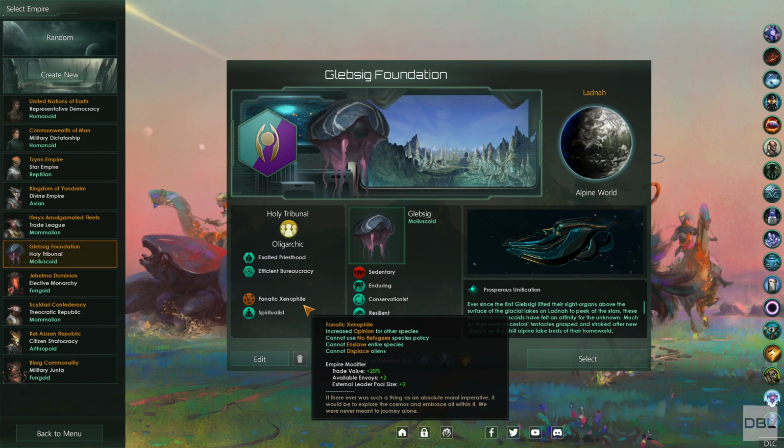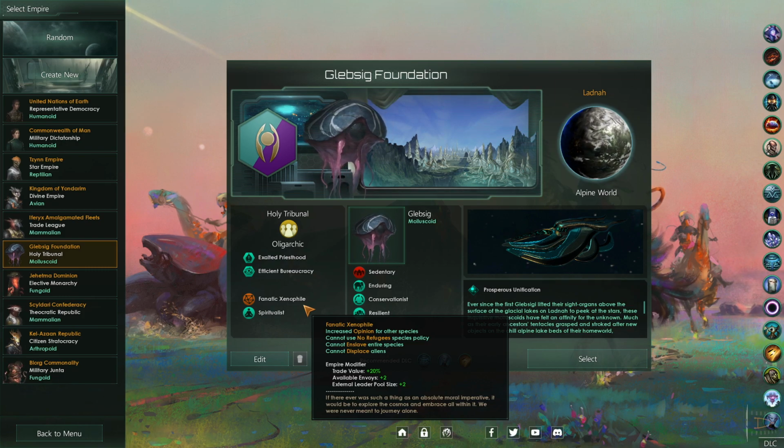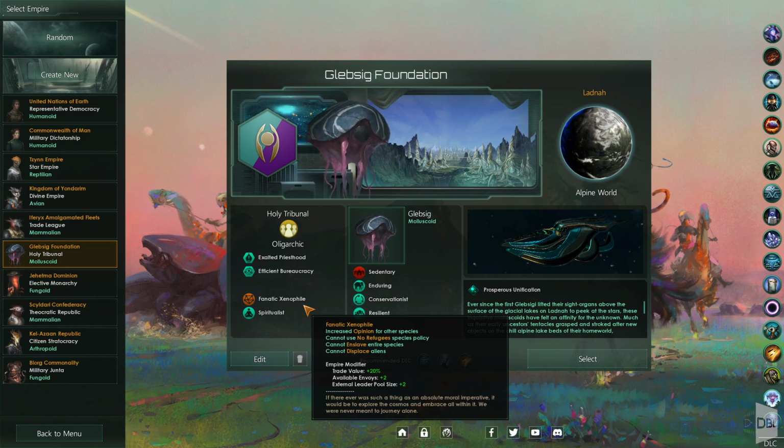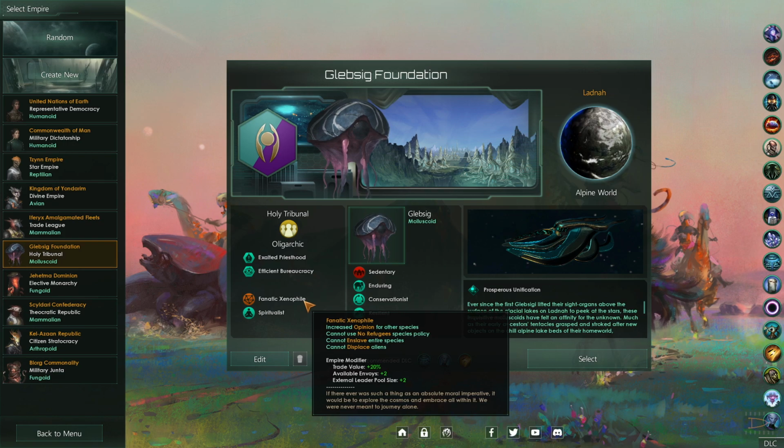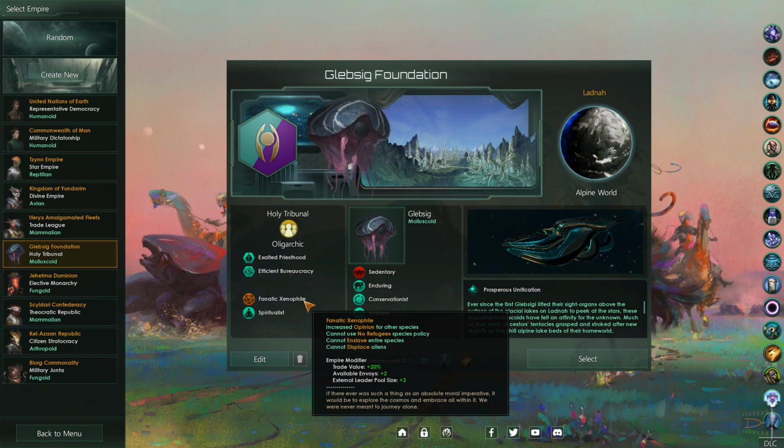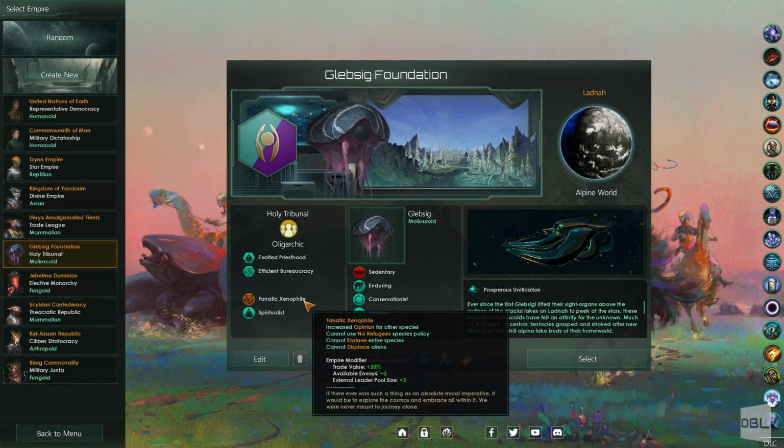Some people, I think, may claim to be part of a holy tribunal, but they don't really walk the walk and talk the talk. So I guess, as long as they're following that, that's fine. It's not anything I'm interested in, but it's good that they can't enslave species or displace aliens. Empire modifier, trade value +20, available envoy +2, external leader pool size +2. I don't think I've seen that before. Some of this stuff is new.